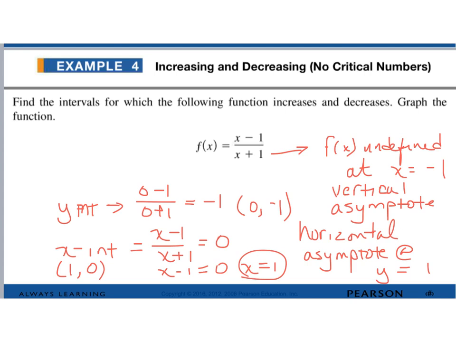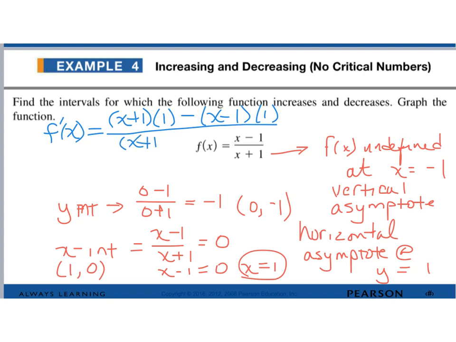Now, if we find the derivative, since this is a quotient rule problem, the derivative is x plus 1 times the derivative of x minus 1, which is 1, minus x minus 1 times the derivative of the denominator, which is also 1, over x plus 1 squared, and that turns out to be x plus 1 minus x plus 1 over x squared plus 1.